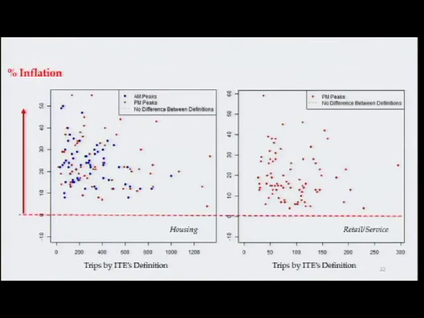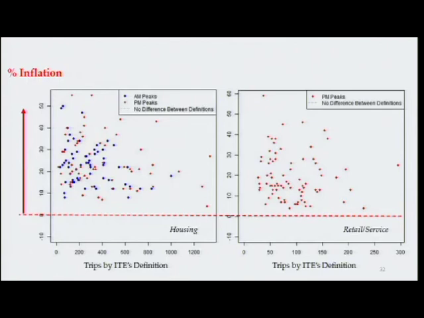In this example, I have housing on the left, which was collected in Washington, D.C., and retail and service, which was collected in Portland, Oregon. I'm using these two data sets because they're the only ones I could find that have the 15-minute increments. Usually you summarize it using this average maximum, you submit it, and that's what everybody uses to do their research.